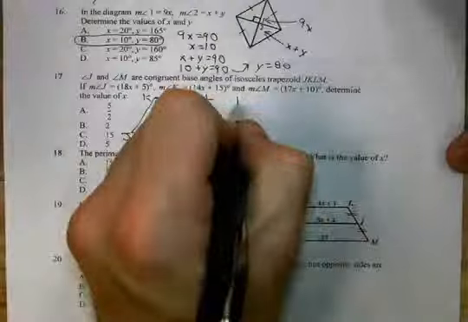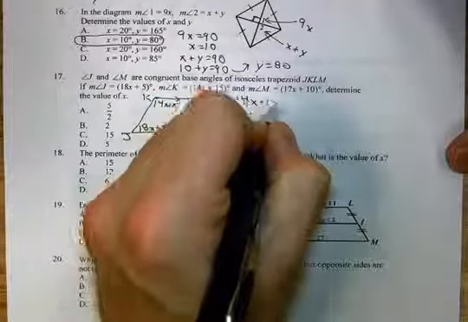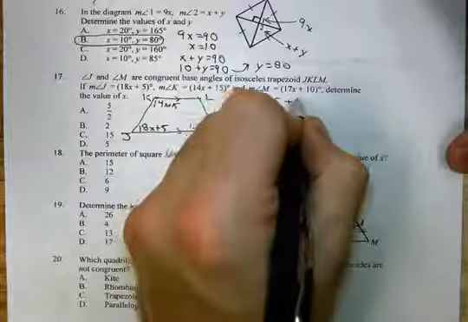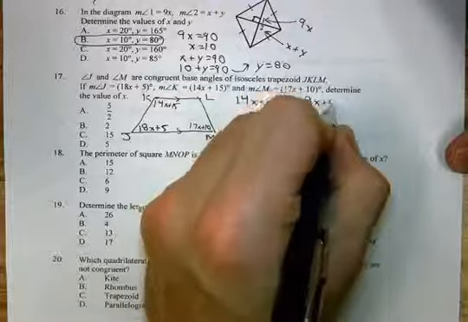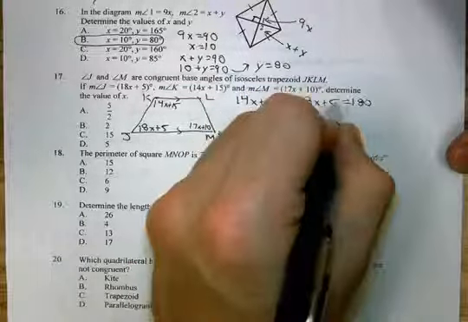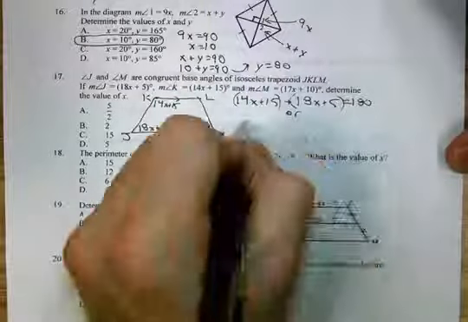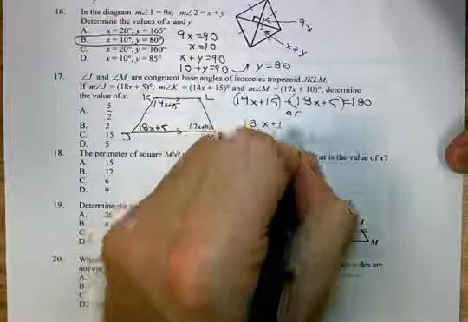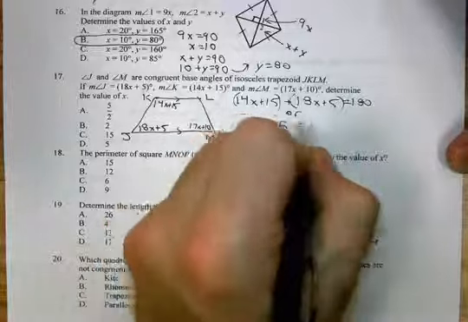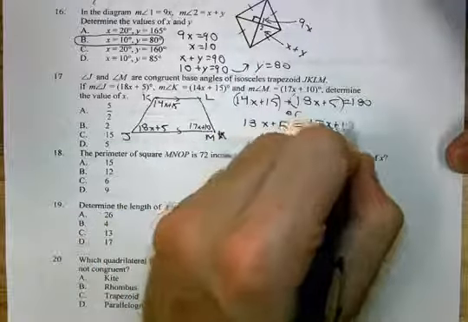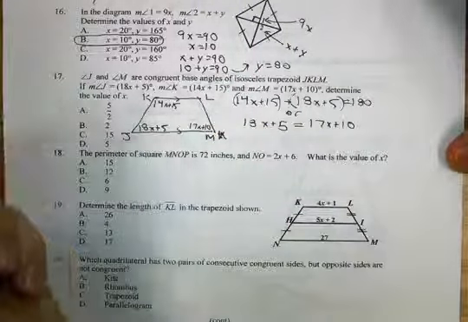So you could either do 14x plus 15 plus 18x plus 5 equals 180, and that's using the fact they're supplementary, or you could use 18x plus 5 equals 17x plus 10 because base angles are congruent.